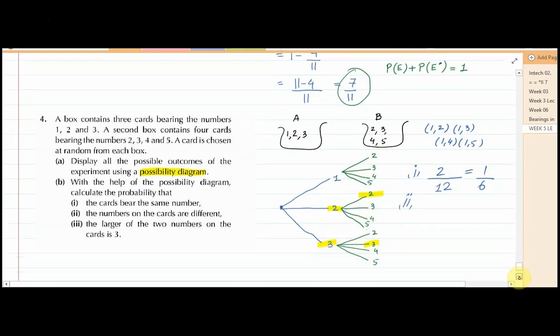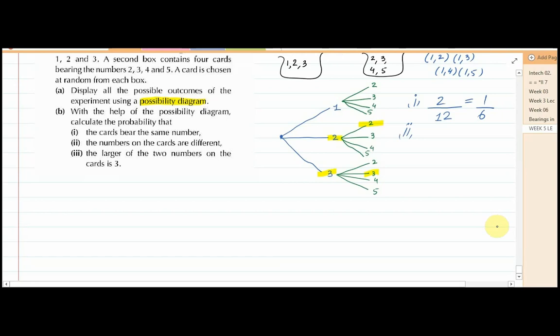What I will do, I will use the shortcut for part 2. I will say that probability of same number plus probability of not same numbers, and now you all know that they must be equal to 1. So basically I am looking for this one, right? Probability of not same numbers.